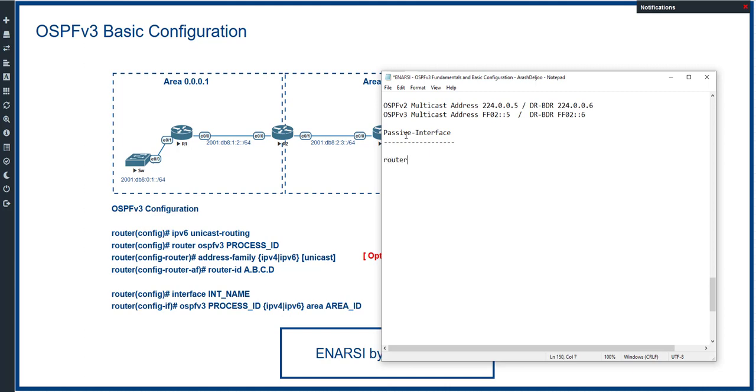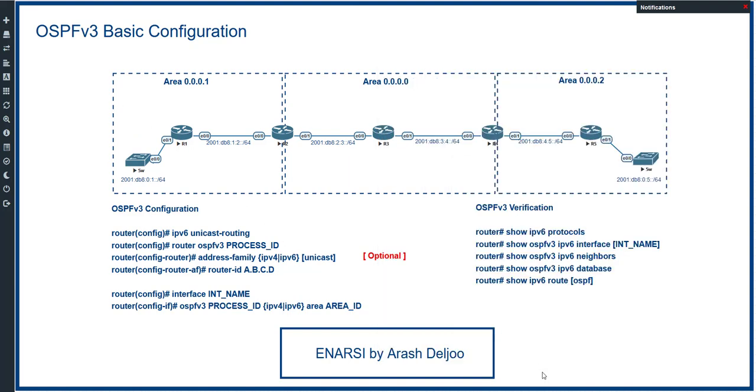The first method is, in router config, the passive-interface command followed by the interface name. If we have multiple passive interfaces, we should configure multiple passive-interface commands. The next method is using passive-interface default, and on non-passive interfaces we can configure no passive-interface followed by the interface name. For example, in router 1, let me show you how we can configure ETH01 as the passive interface.